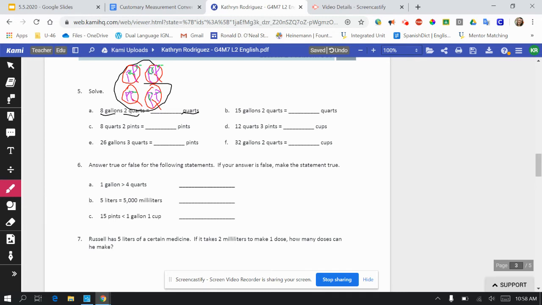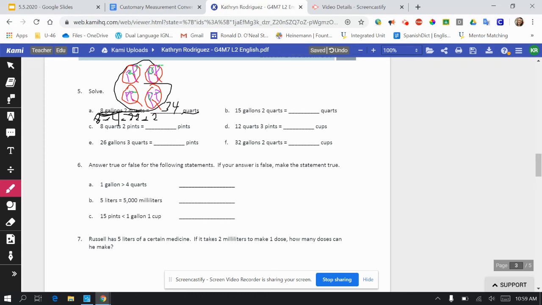1 gallon equals how many quarts? 4 quarts. So I'm going to take 8 times 4. 8 times 4 equals 32. I'm not finished yet, though, because I still have these 2 other quarts to add. Plus 2 equals 34 quarts.